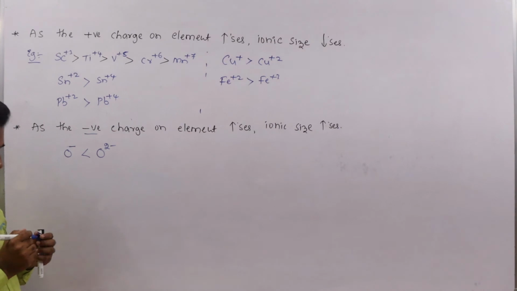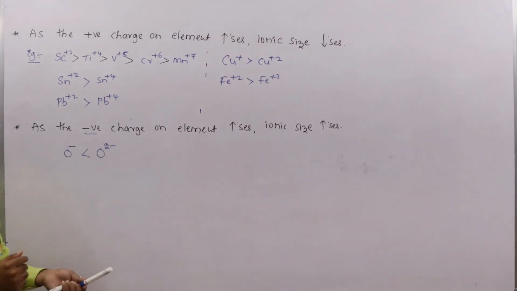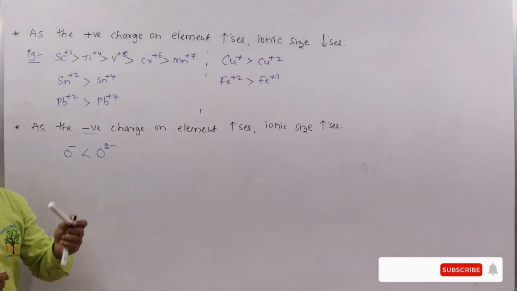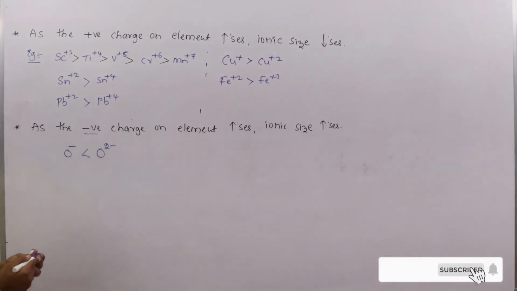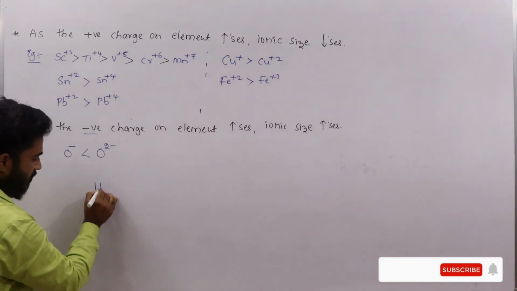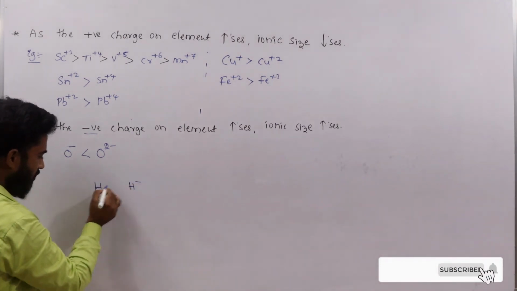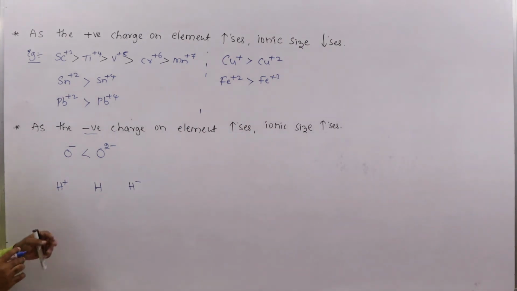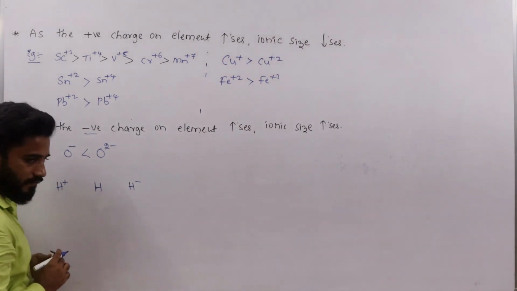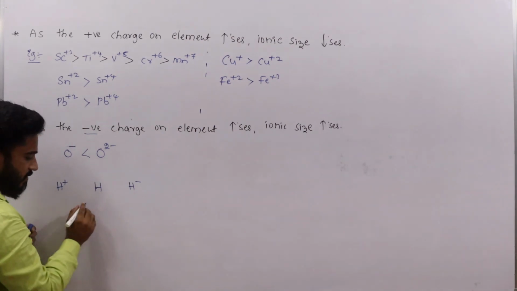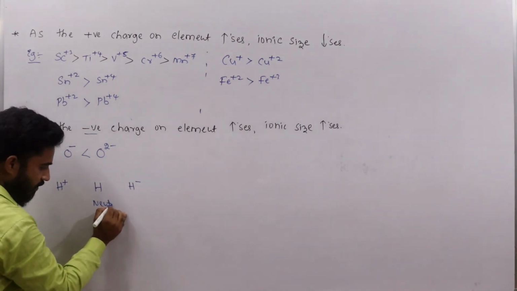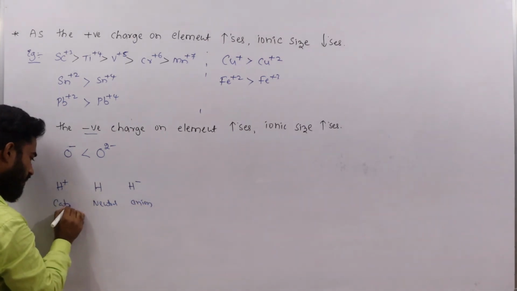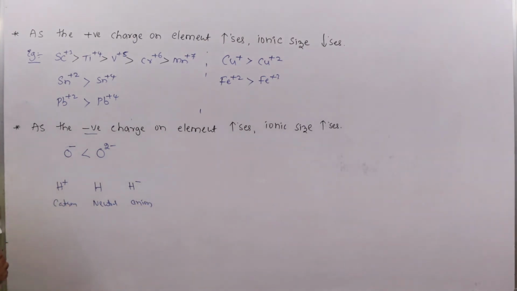So like this we can say, as the positive charge increases, ionic size decreases. As the negative charge increases, ionic size increases. Can you tell me, here H minus and H plus are present, in between these three which one has the most ionic radius? H minus, because this is neutral, this one is an anion, this one is a cation.